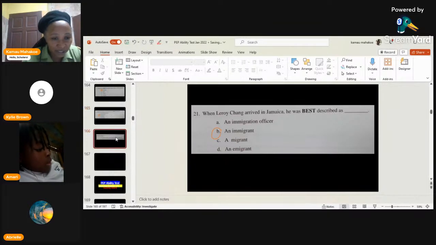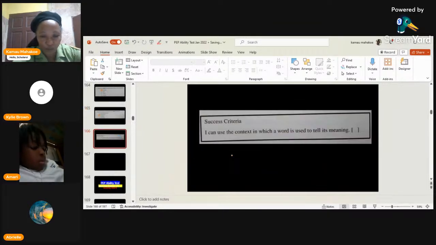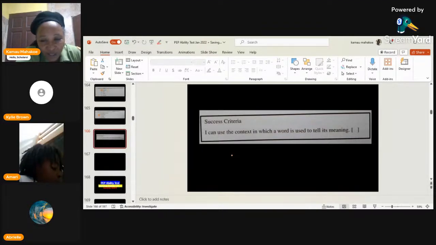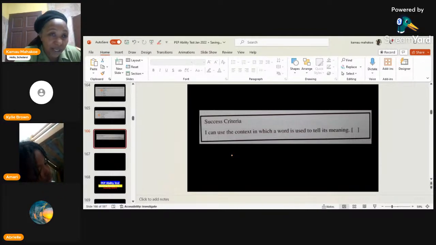All right. And that wraps it up, right? So we are successful. The success criteria: if we can use the context in which a word is used to tell its meaning. And by context, we mean what's happening in that situation, in that passage, in that story, in that chart, in whatever way the information is being presented.